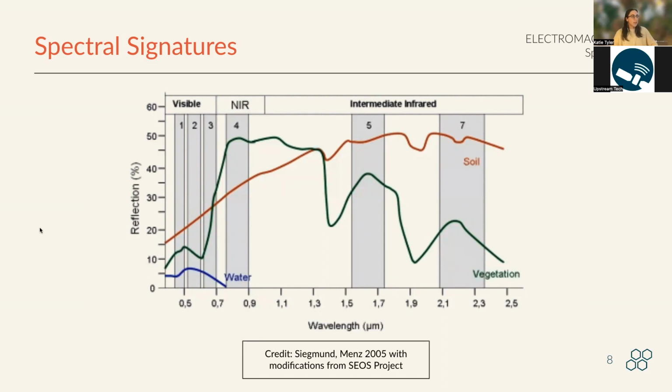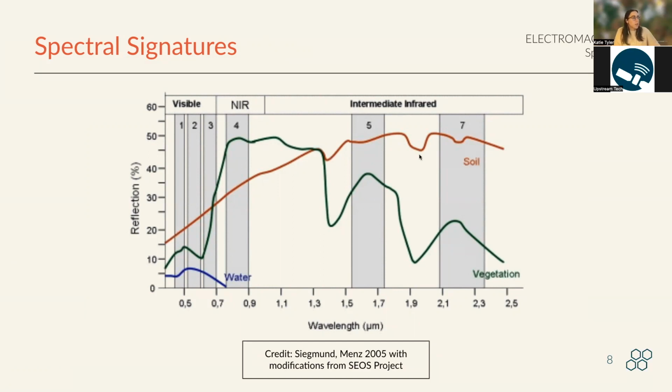So this graph here, what we're looking at is a portion of that electromagnetic spectrum, just from visible light to including the infrared. And we can see that different objects like water, vegetation, and soil will reflect different parts of the spectrum in varying amounts.